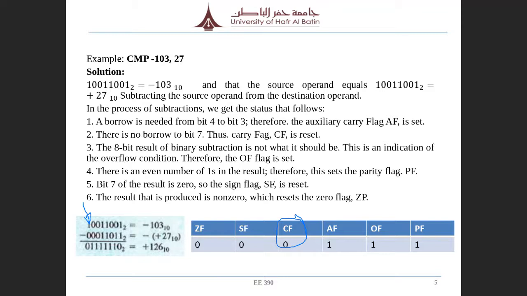But if a borrow happens here in bit number 6, next to the MSB bit, then the overflow flag is 1. Sorry, overflow flag, not auxiliary. Is it clear? Is it okay?